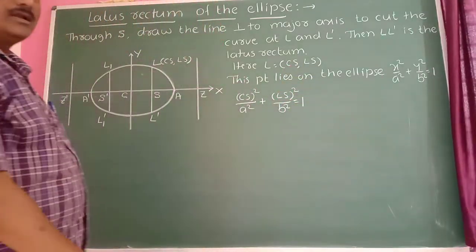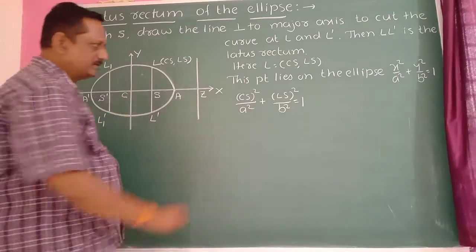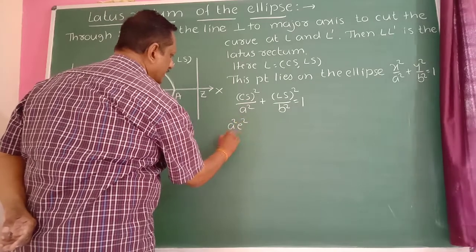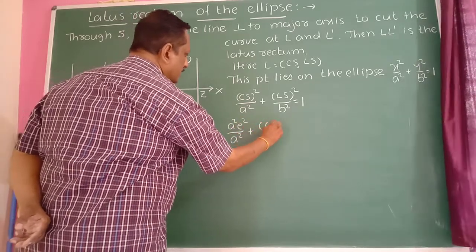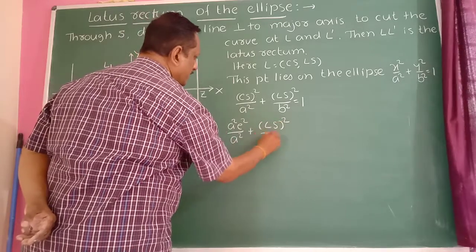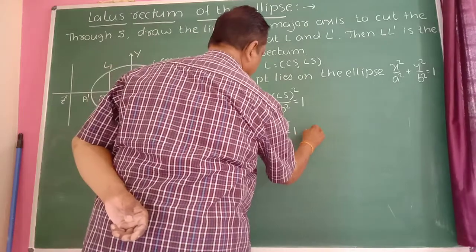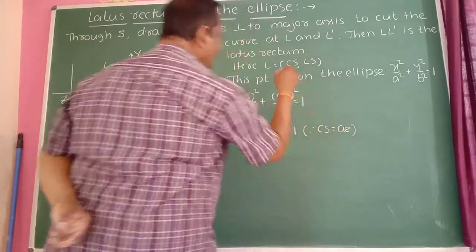And you already proved CS is equal to A into E. So CS is AE, so AE whole square divided by a square plus LS square divided by b square is equal to 1.